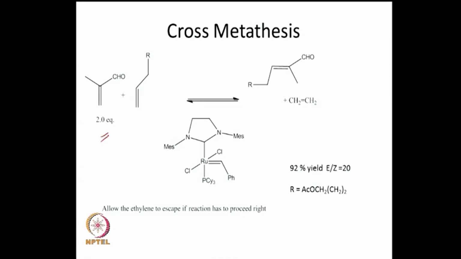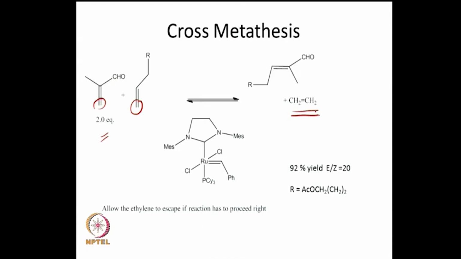And you will notice that this again ends up with elimination of the 2 CH2 groups, and ethylene is eliminated during the course of this reaction. And very conveniently, you have generated a useful aldehyde, which now has a much larger molecular weight.